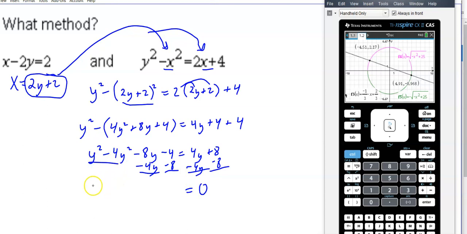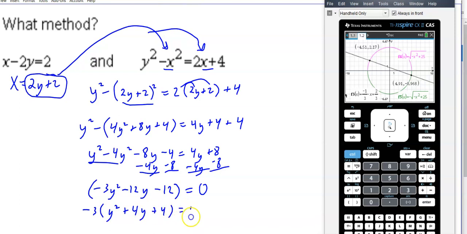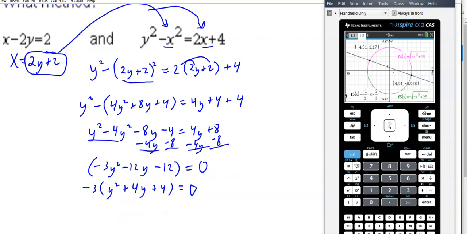These two go together, so that'd be negative 3y squared minus 12y minus 12. I see a GCF. I want to take out the negative right away because I don't like that at all. Y squared plus 4y plus 4. I took out a negative there. And let's see what happens here.